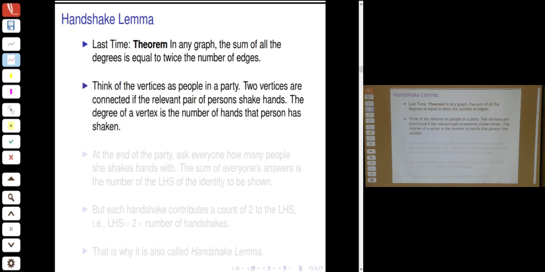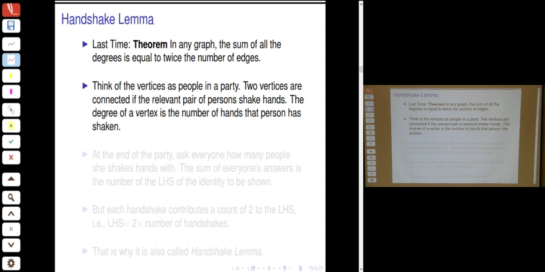So think of the vertices as people in a party, similar in flavor to the notion where we were thinking of vertices to be individuals on Facebook. 2 vertices are connected if the relevant pair of persons shake hands, similar to being friends on Facebook. And the degree of a vertex is the number of hands that a person has shaken.